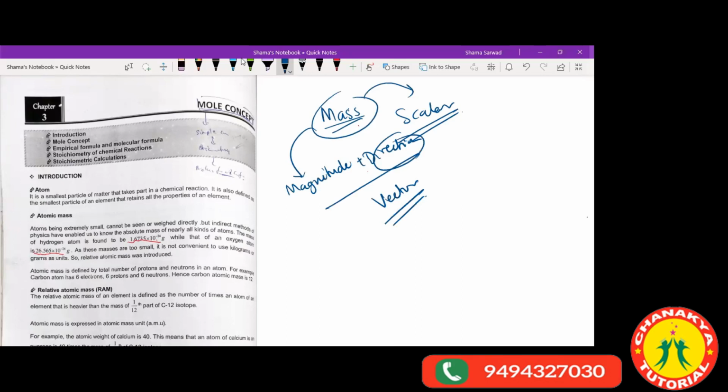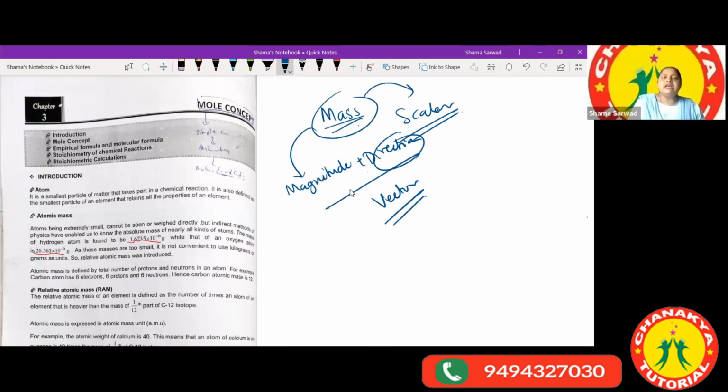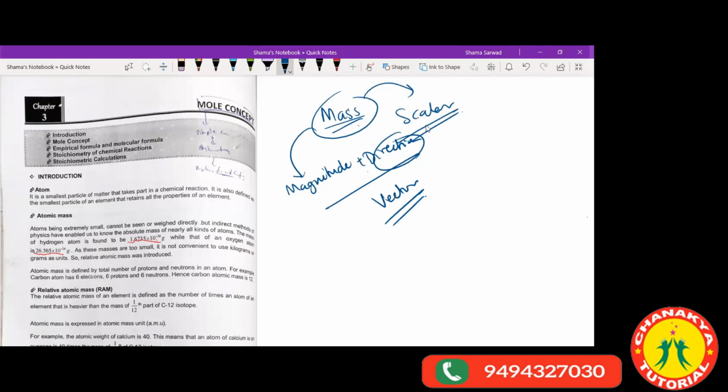Now, atomic mass is also a scalar quantity. But atoms are very, very small, which we have learned in grade 9 and grade 10. We are not able to see them with our eyes, correct? Even with an electron microscope it is very difficult to see them.